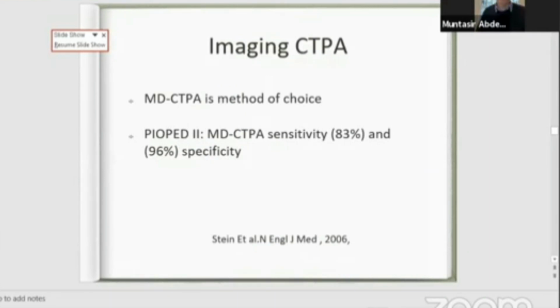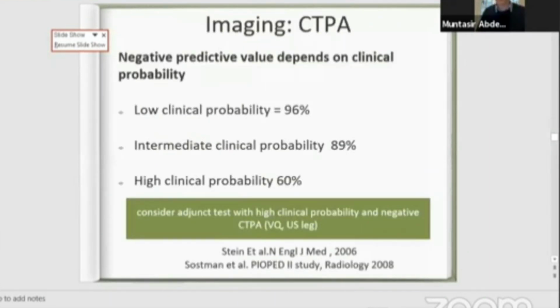However, they noted that the negative predictive value of CTPA in PE depends on the clinical probability. If you have low clinical probability, then the negative predictive value is 96%. On the other hand, if you have high clinical probability, the negative predictive value of CTPA is 60%.